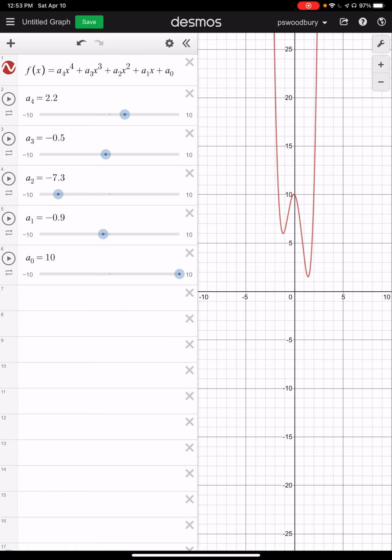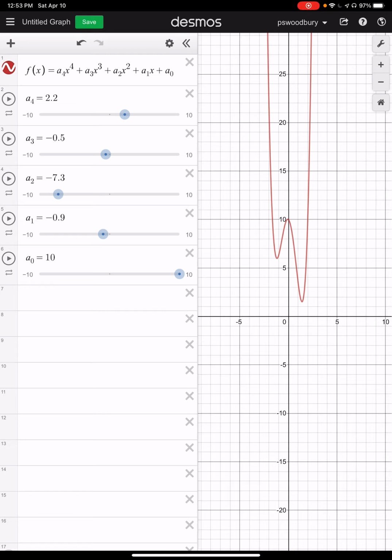The whole graph is above the horizontal axis. So I can tell just by looking at this graph that statement C, f of x intersects the horizontal axis at least once, is going to be false. And it is false because I can produce a graph that shows that to be false. And so C is going to be false.